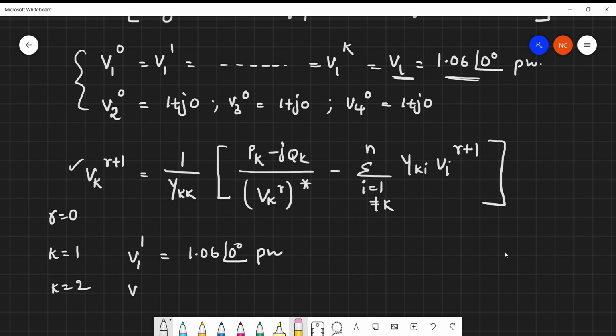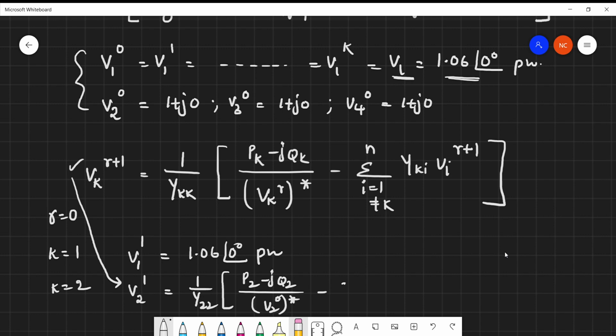So in this equation, k is treated as 2, and V2 prime is equal to 1 by Y22 times (P2 minus jQ2) by V2^0 conjugate, minus sigma i equal to 1, i not equal to k. k here is 2, to n meaning the number of buses. We have 4 buses, so it is 4, Y2i Vi prime.